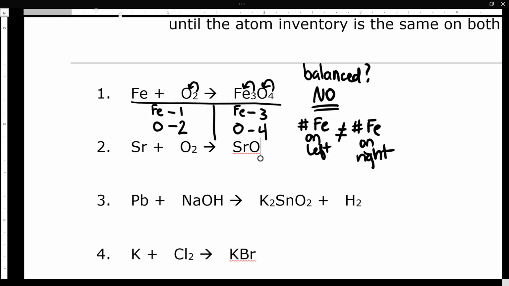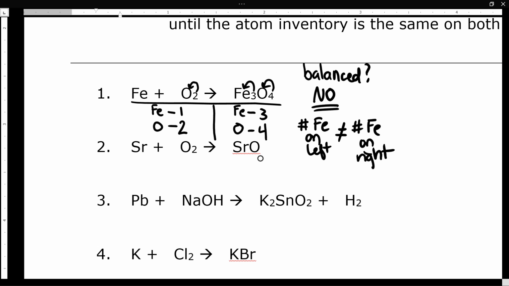Okay, so if I decide that an equation is not balanced, I can try to balance it by adding something called a coefficient. A coefficient is a number that goes out in front. For example, over here I have 3 atoms of iron on the right, but only 1 on the left. To make these equal, I need 3 irons over here as well.